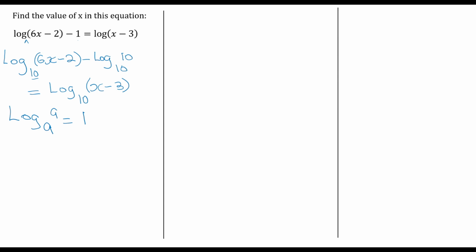Another important principle that we are going to apply in this particular equation is log a to base 10 minus log b to base 10 is the same as log a over b to base 10, or log a divided by log b.